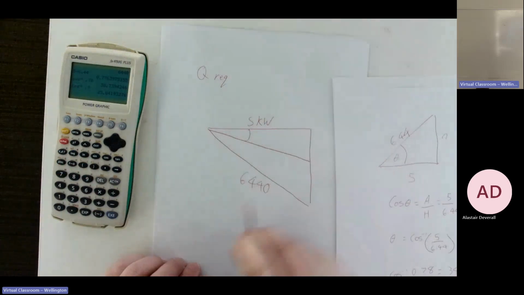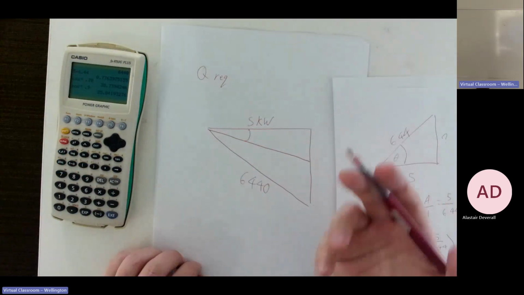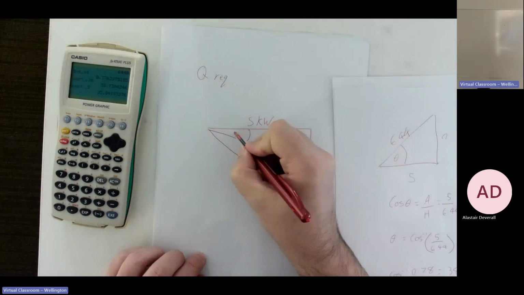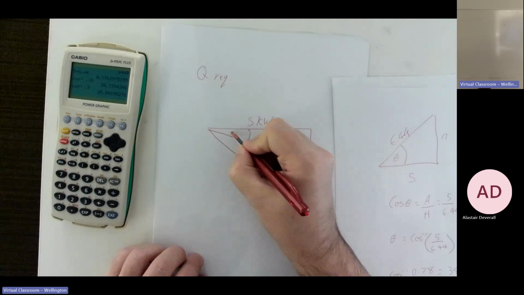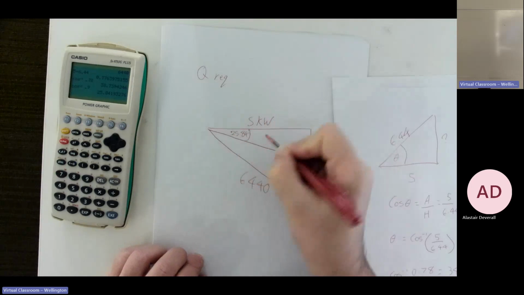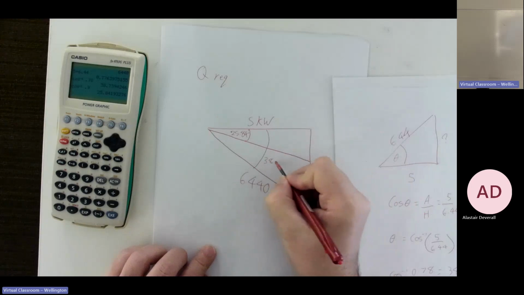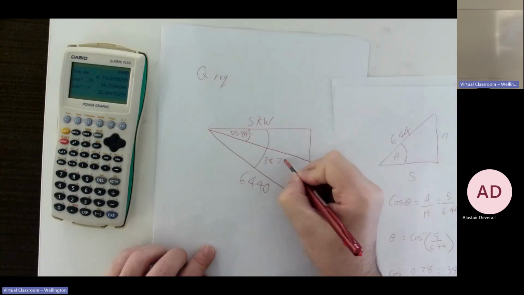The angle here is the one where we've already worked out our cos theta, which was 25.84. And our theta for there was 38.74.